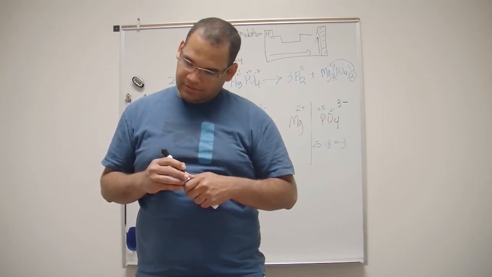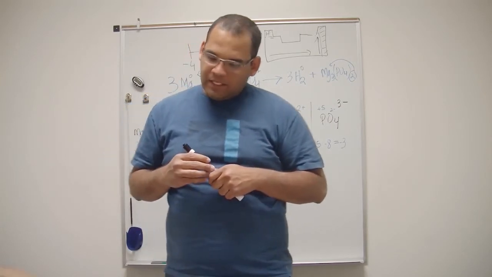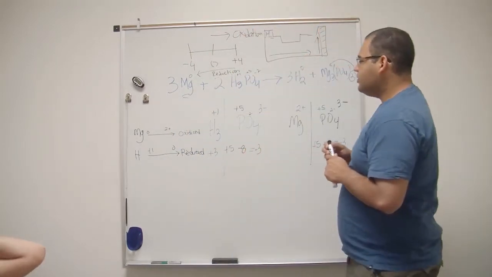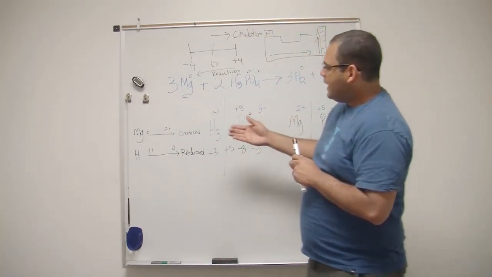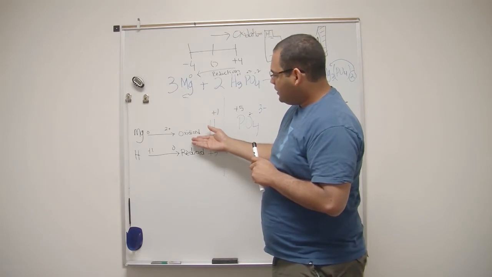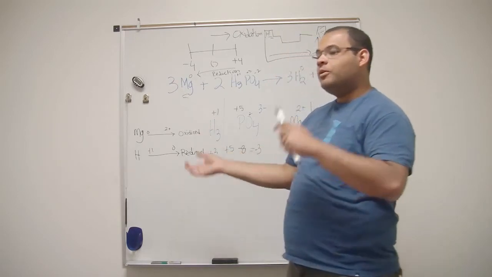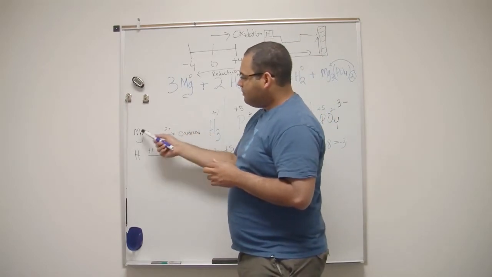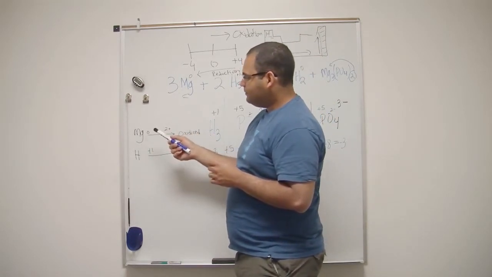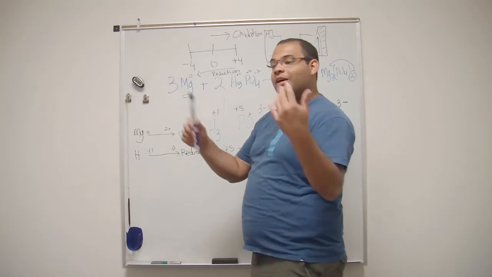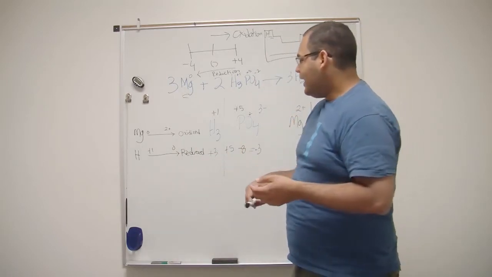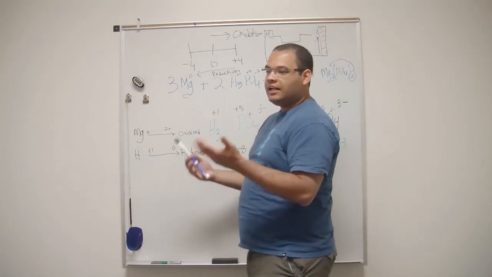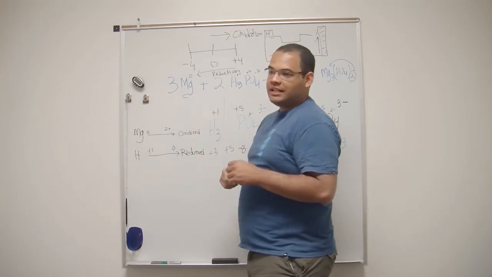Which doesn't make sense. What does that mean? This guy oxidized, so it is a reducing agent because it helps someone to be reduced. Remember, there are electrons that it gave away to someone, so it helps someone to reduce. At the same time, this one that received the electrons helps someone to oxidize.